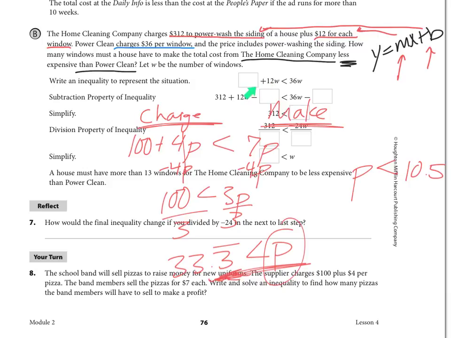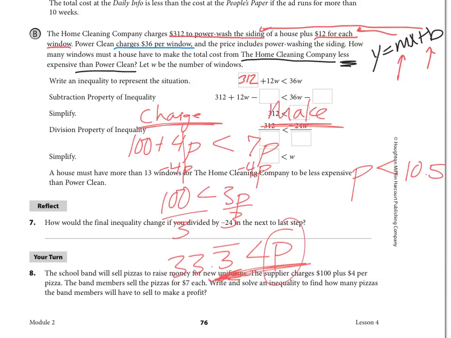What else is added to the Home Clean cost? There you go, the $312 here. So I've got to include the $312. There was no starting cost for the Power Clean. We just paid $36 a window, period.